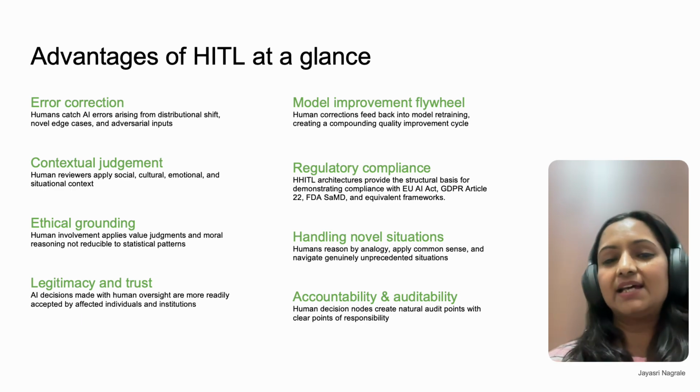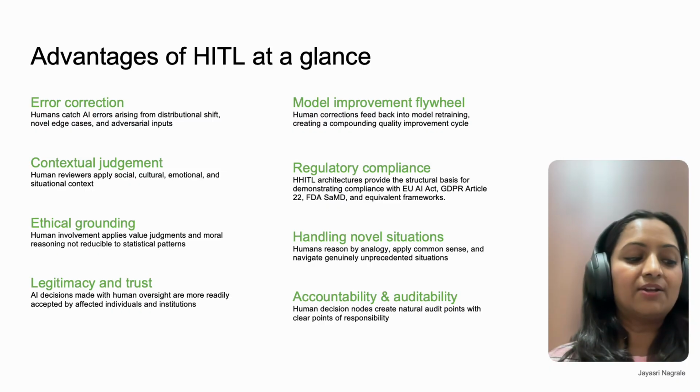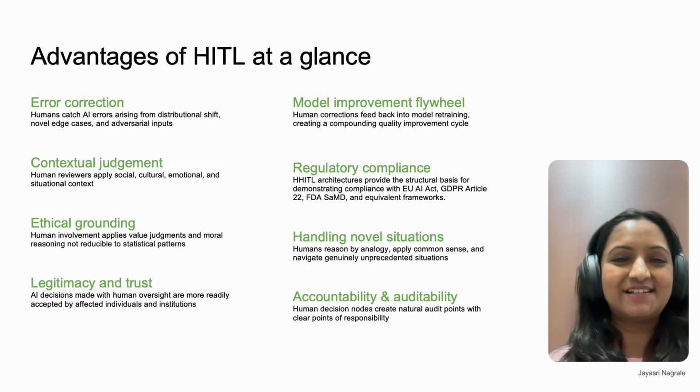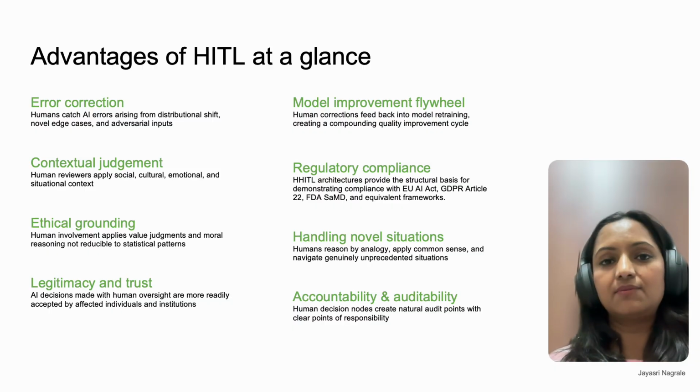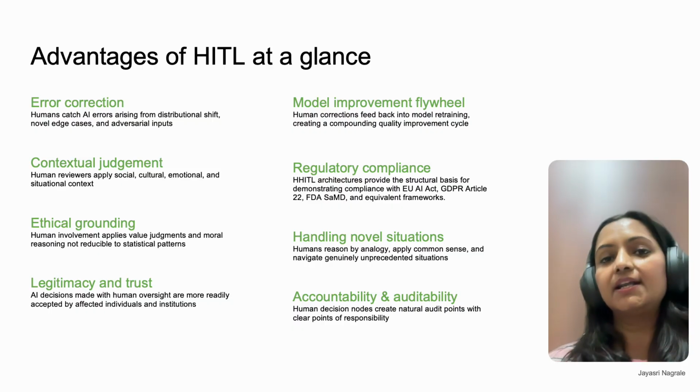It also improves the AI system over time. That's the model improvement flywheel. It's also regulatory and mandatory that there is HITL, so that's a plus. It's also great at handling novel situations which the training model wouldn't have covered. And having human in the loop gives that accountability and auditability that many AI systems may or may not have as of today.